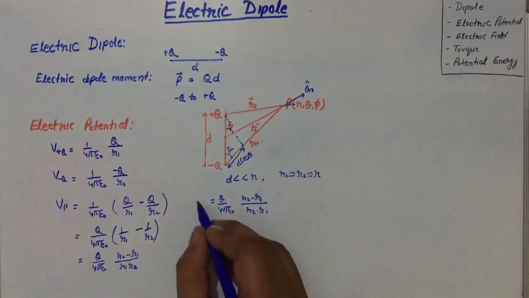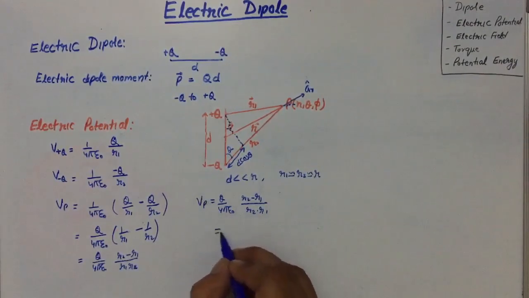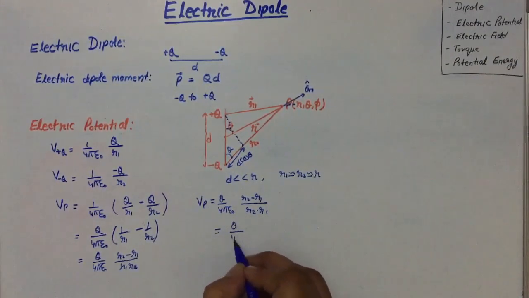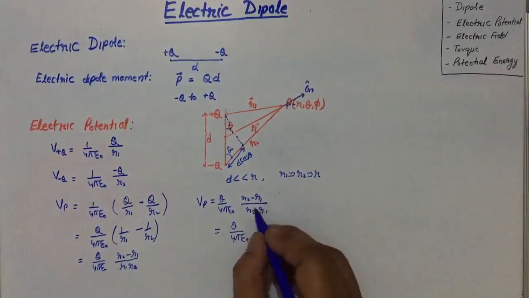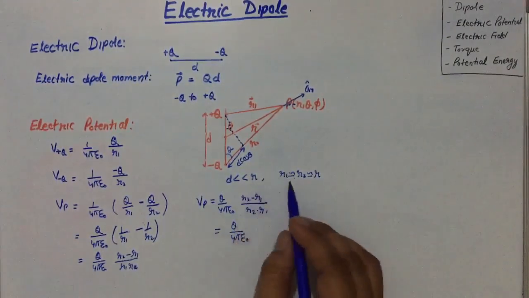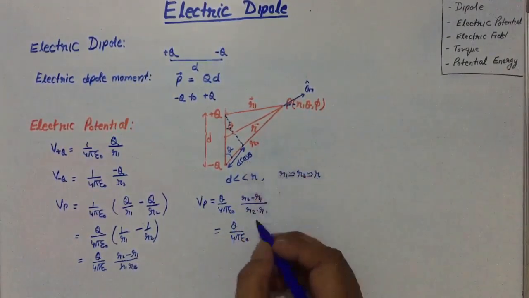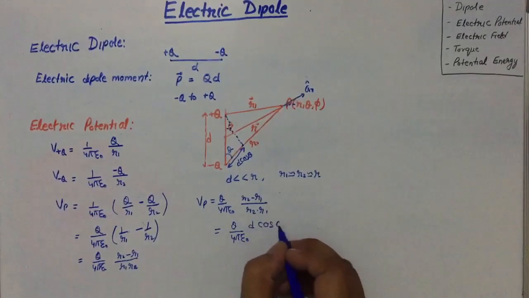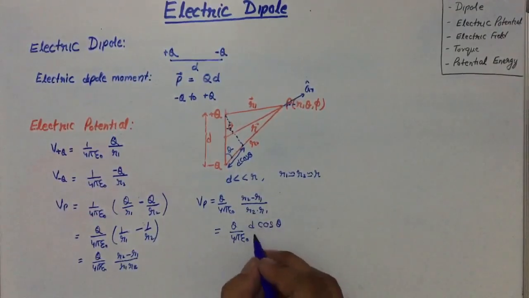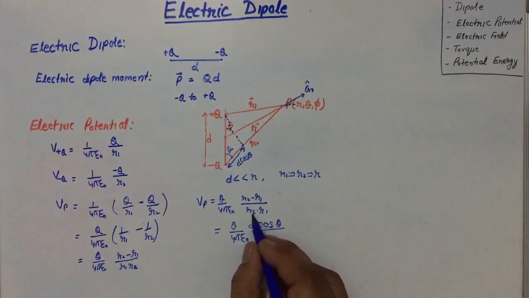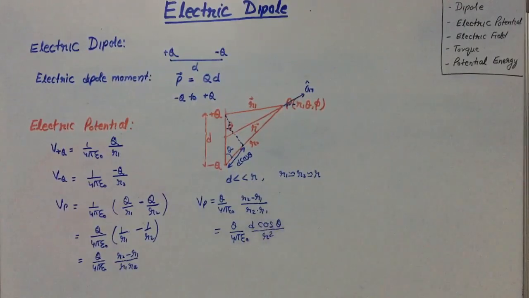So this term further can be modified to 4 pi epsilon naught. Here we can place d cos theta, and this can be written as r into r, that is r square.